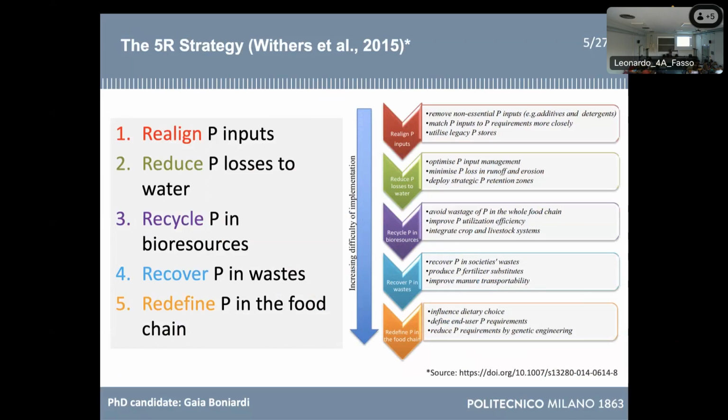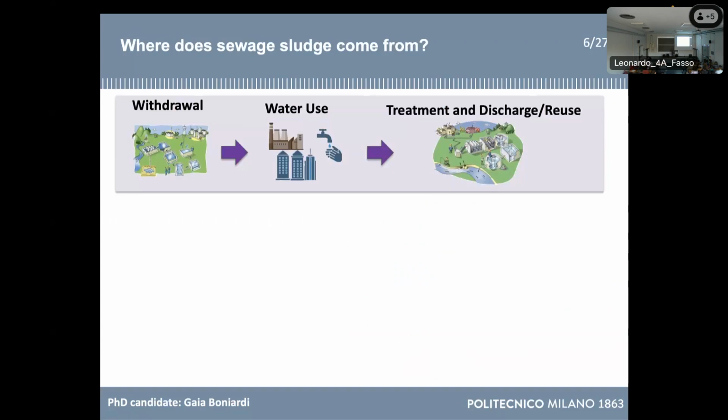The second one is related to the phosphorus losses, so the idea is to try to reduce the phosphorus losses to water. The third one is recycle phosphorus in bioresources, and the fourth one is recover phosphorus in waste, which is what I'm trying to do now with the phosphorus recovery from the sewage sludge and the ash. And the last one is the most difficult one because it is related to phosphorus in the food chain, and it's something more personal because it's related to the choice of the diet we have.